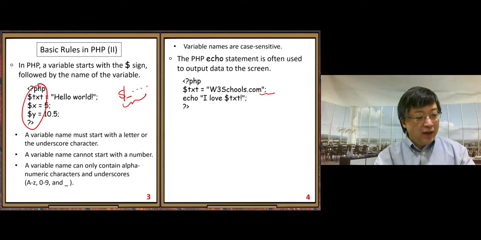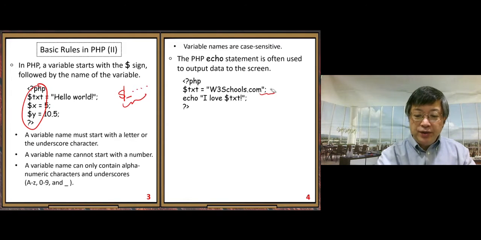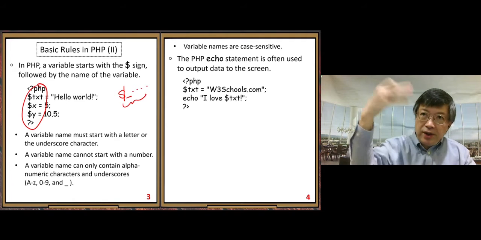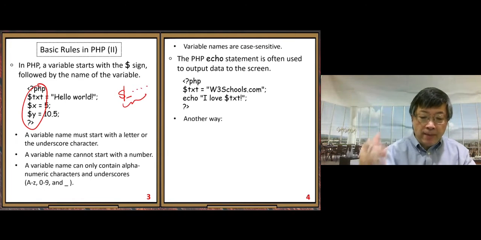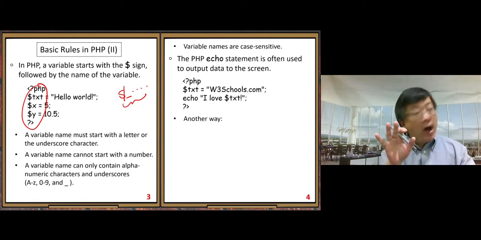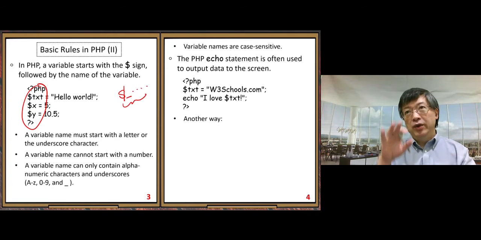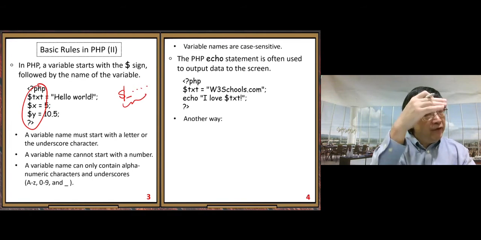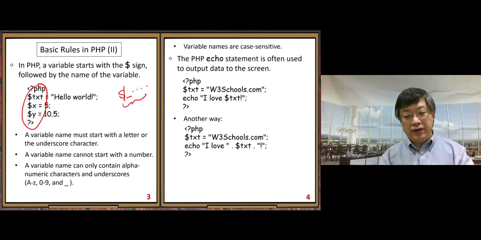So this is one way to use the echo statement to generate output data. Another way, also very useful, does a similar thing in a different way. Look at this way.